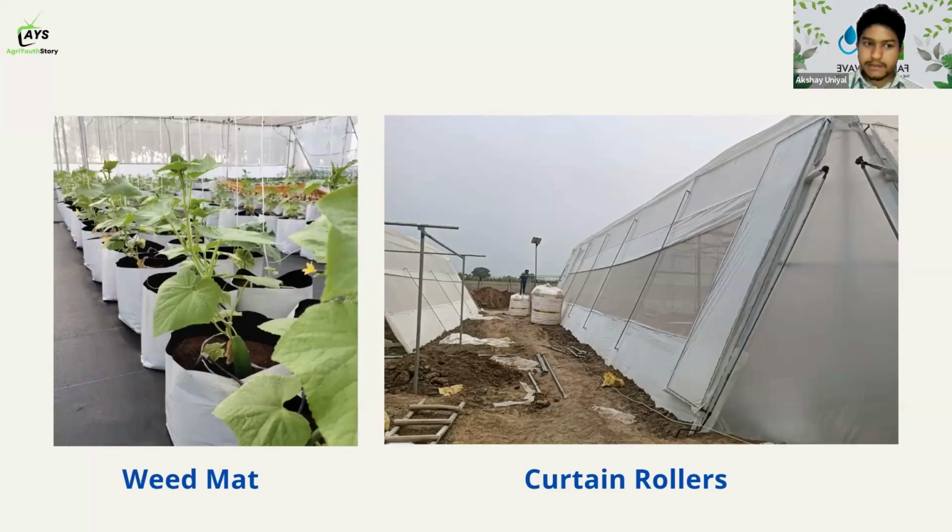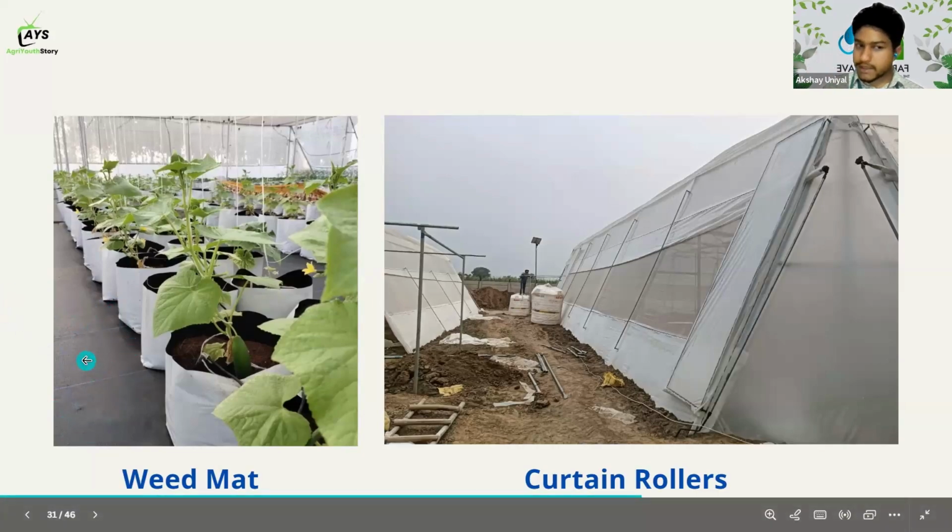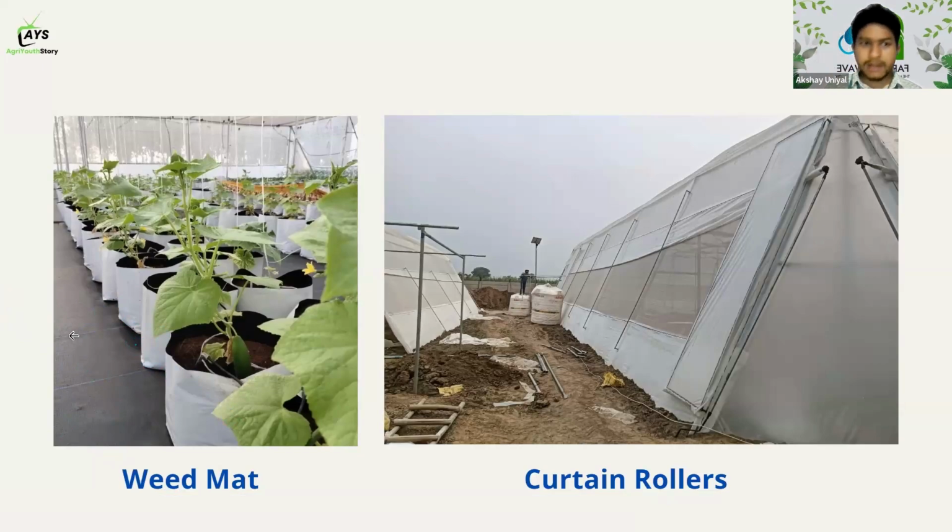It will not allow any light to penetrate into the soil, so there will be no weeds. The whole weed problem is eliminated in one go. There will be almost no soil-borne disease because the soil is not in contact with the grow bags at all. Now, apart from this, we have something called a curtain roller.